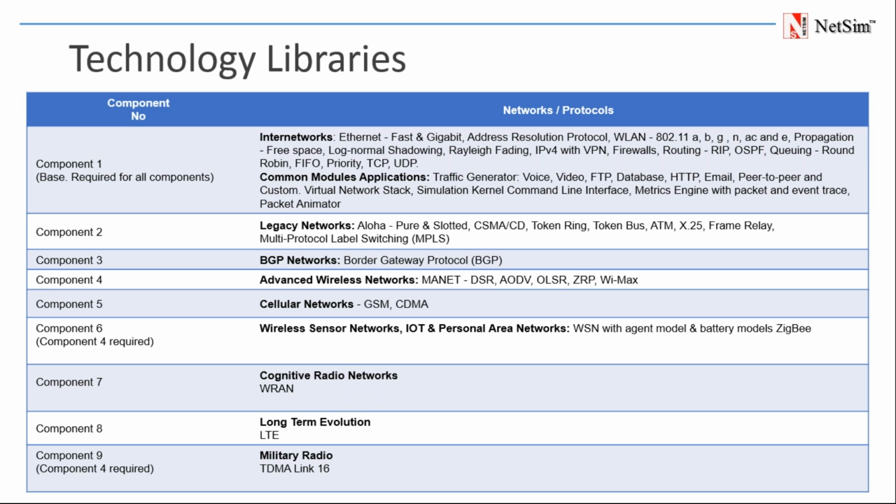Component 6 has wireless sensor network, IoT, and personal area network. Component 7 has cognitive radio network, and component 8 has LTE and LTE Advanced. There is also military radio, which is for the professional version.